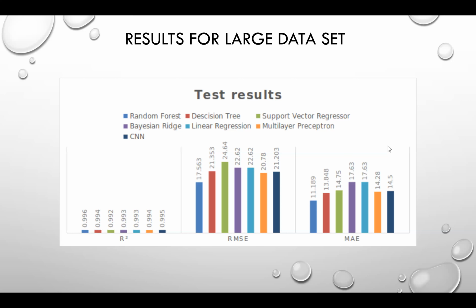In comparison, the CNN came next with an R-squared of 0.995, a mean absolute error of 14, and a root mean square error of 21. We believe the CNN model can have better accuracy by applying more layers and choosing the best number of filters.